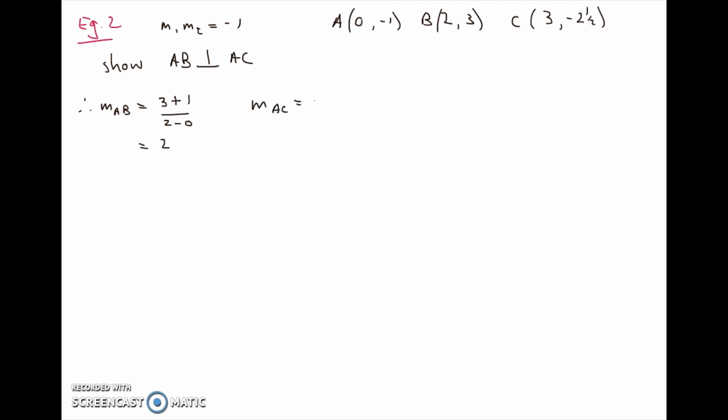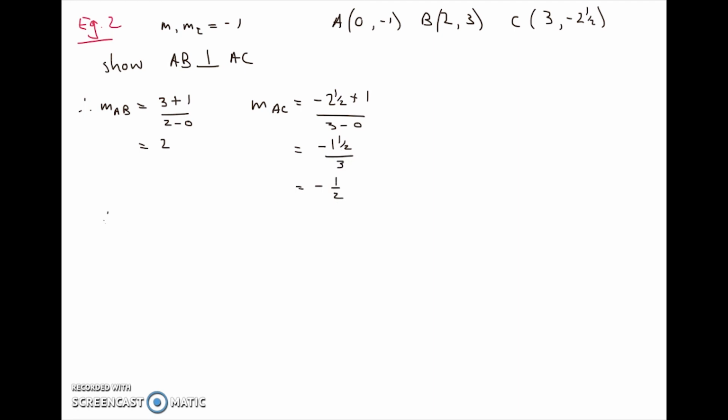Next, our gradient of AC is going to be -2.5 plus 1 divided by 3 minus 0, and that's going to simplify to -1.5 over 3, or -1/2.